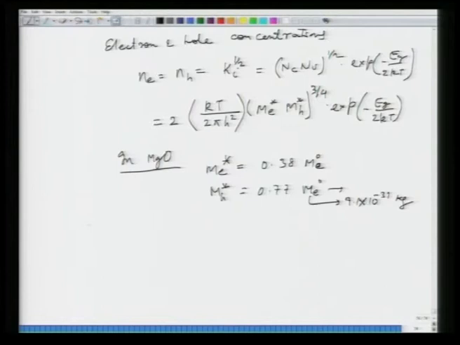So, at the temperature of interest, which is 1673 Kelvin, you know that the band gap also changes. So, you need to work out what is the Eg.